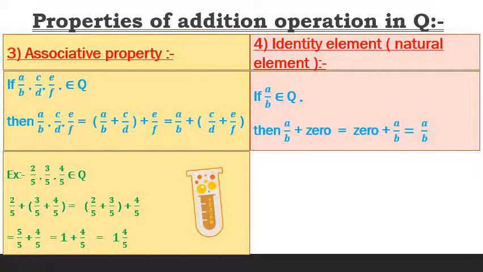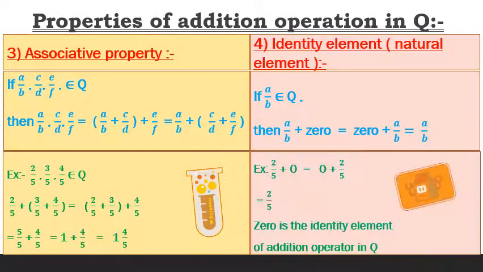So we say 0 is the identity element in the addition operation in Q. If A over B belongs to Q, then A over B plus 0 equals 0 plus A over B, the same result, A over B. For example, 2 over 5 plus 0 equals 0 plus 2 over 5, commutative, equals 2 over 5. So 0 is the identity element of the addition operation. It's an important point.